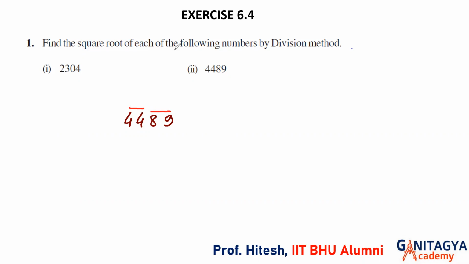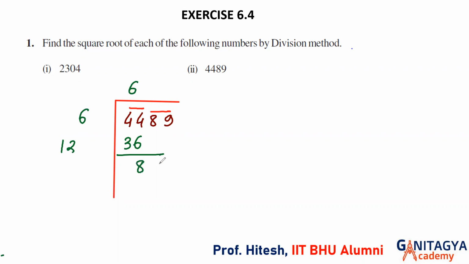Now I will make the table. In the next step, I will see 7 into 7 is 49, which is more than 44. So before 7 it is 6, so I will take 6. I will double the 6 and put 12 here. And 6 square is 36. So what is the remainder? 44 minus 36 is 8.